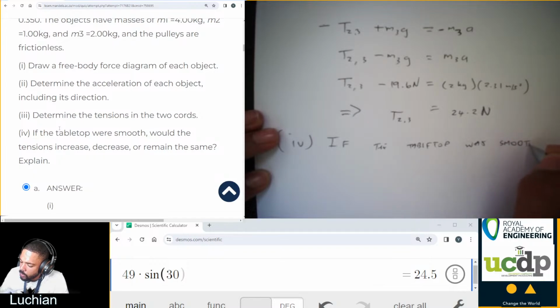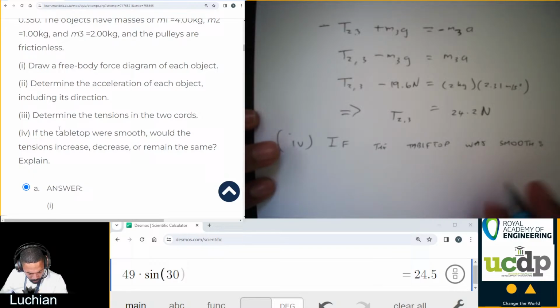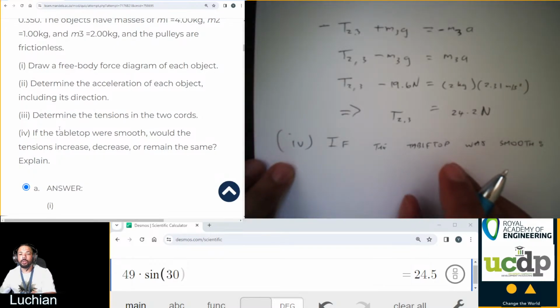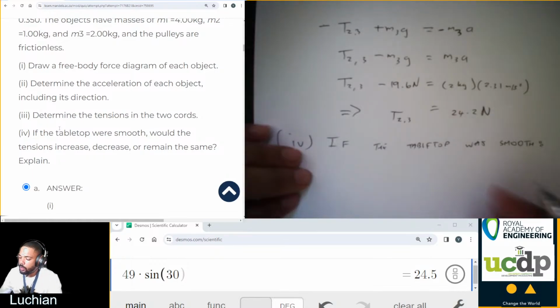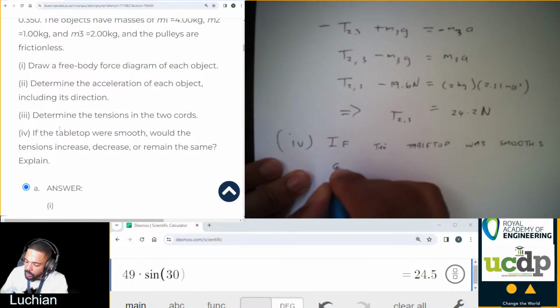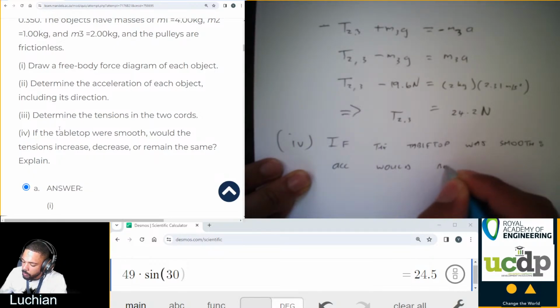If the tabletop was smooth, then the acceleration would become larger because there's no friction, meaning the applied force is larger. So the acceleration would become larger.